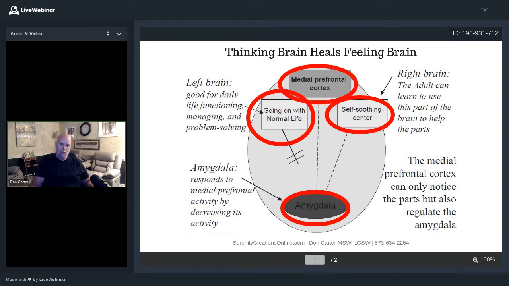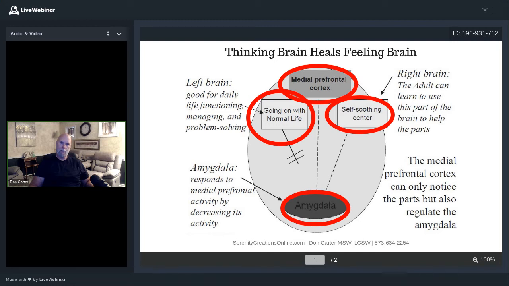And it's connected to the amygdala, and all it can really do is notice and regulate the amygdala by noticing, oh, that's my fight part, or oh, that's my submit part, or I feel frozen right now. And that's because I'm thinking, and this part helps and joins together, the going on with normal life part joins together with the noticing, mindful prefrontal cortex and sends in the soothing just by noticing.